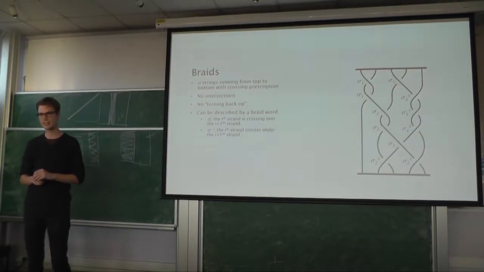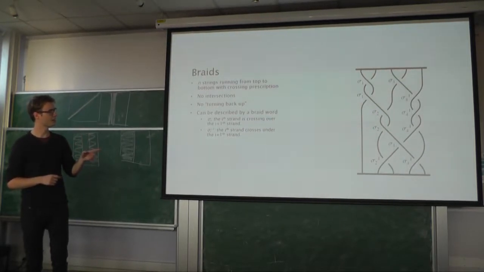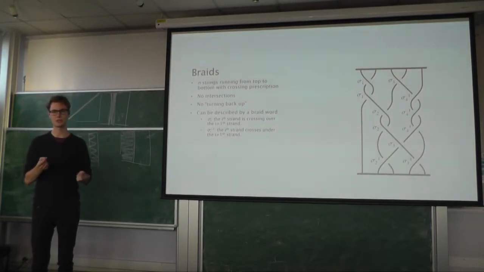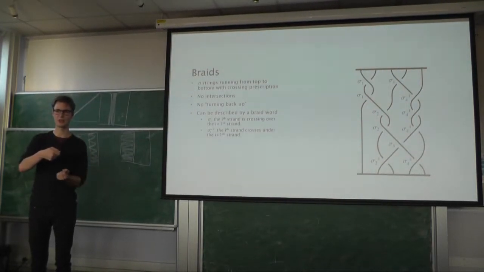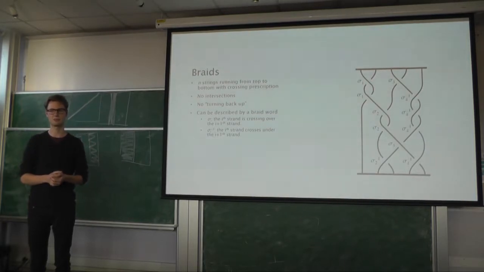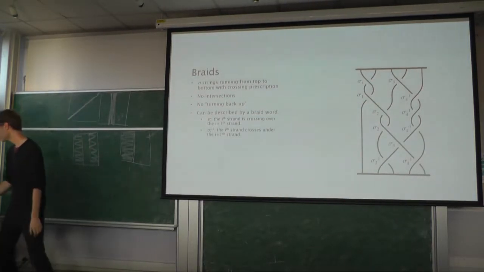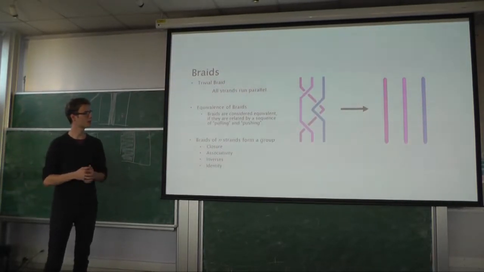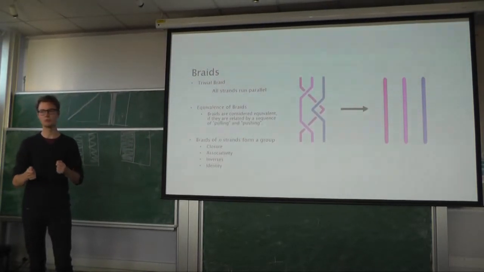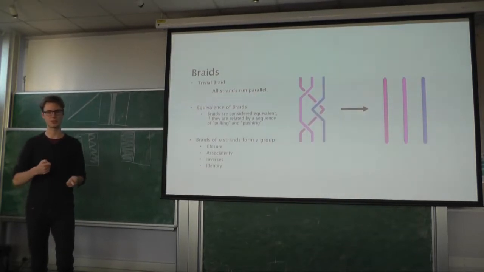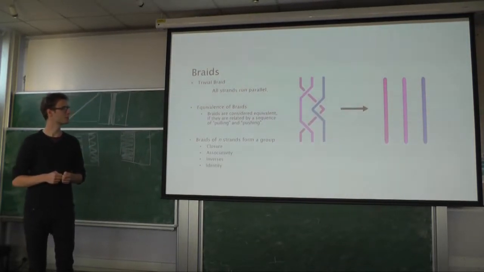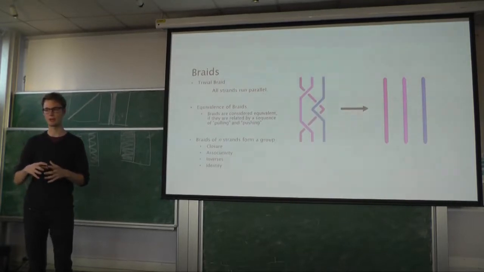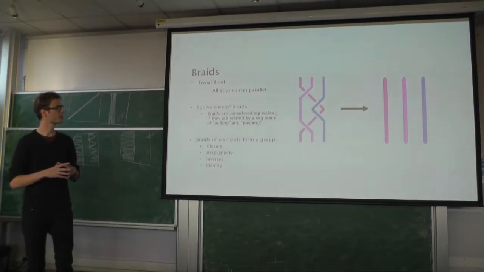As you can already guess from the notation, those are inverse operations. So if you first go over a strand and then the other strand goes under again, they undo each other. In particular, we can move the strands around as long as we don't move them out of the frame in which they are kept.